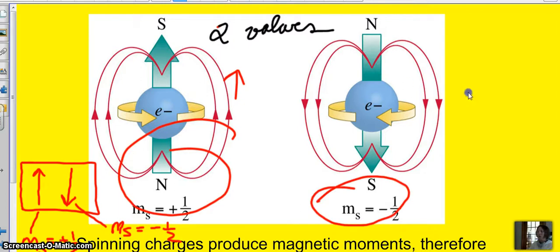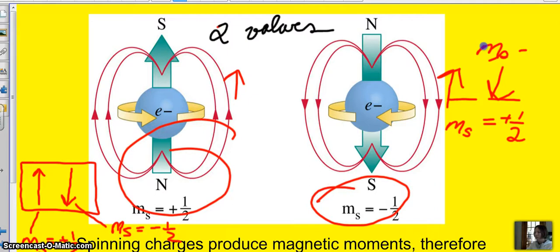And when we draw those in our orbital diagrams, if it's spinning clockwise and it has an m sub s of plus 1/2, we simply give it the up arrow. However, if it were spinning down, we would give it the m sub s value of minus 1/2.